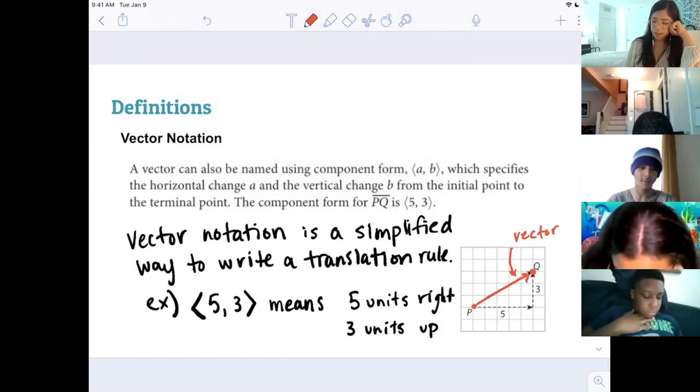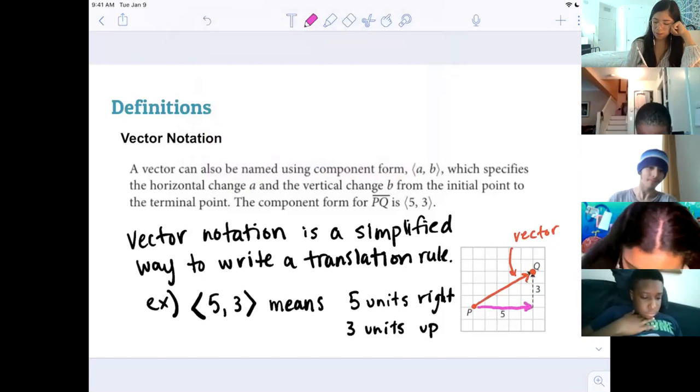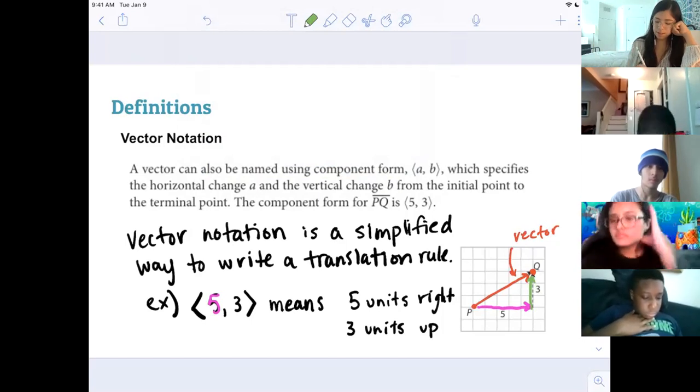And as you can see, it's showing you how the vector goes 5 units to the right. So that's where the 5 comes from. And then it goes 3 units up. So it's kind of like something that we've seen before. What have we seen that looks like this in algebra?